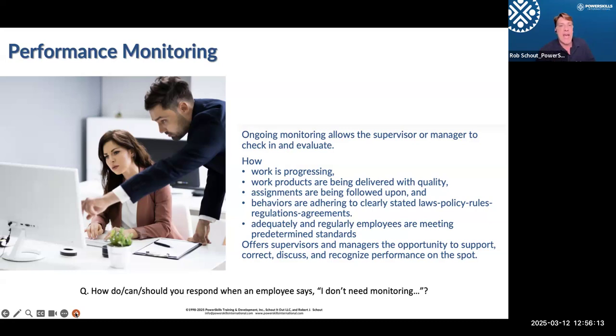And so ask yourself, what are you monitoring, and are you making sure you're monitoring everything that needs to be monitored or held accountable, so that individuals, but also the entire unit, is performing at a standard that represents you, achieves the goals, and represents the reputation of the organization well, as well as the reputation and the quality of the employee.